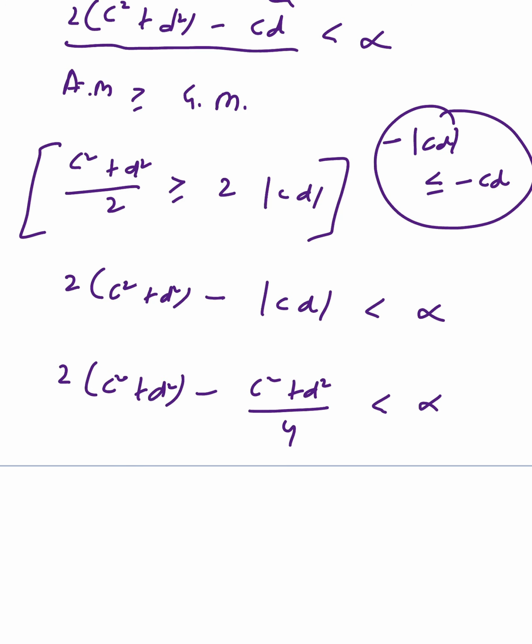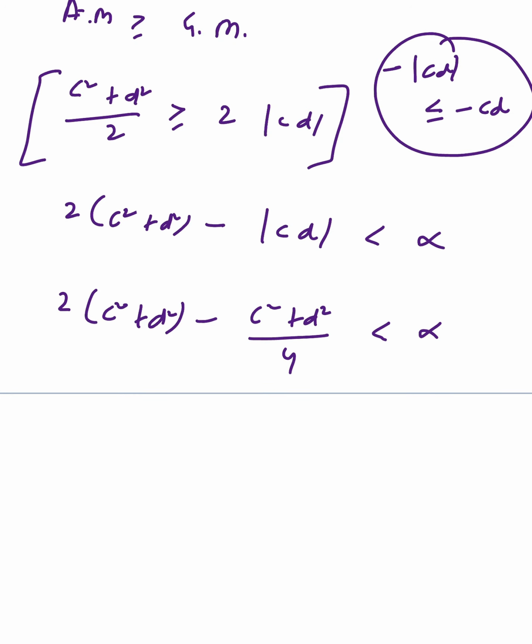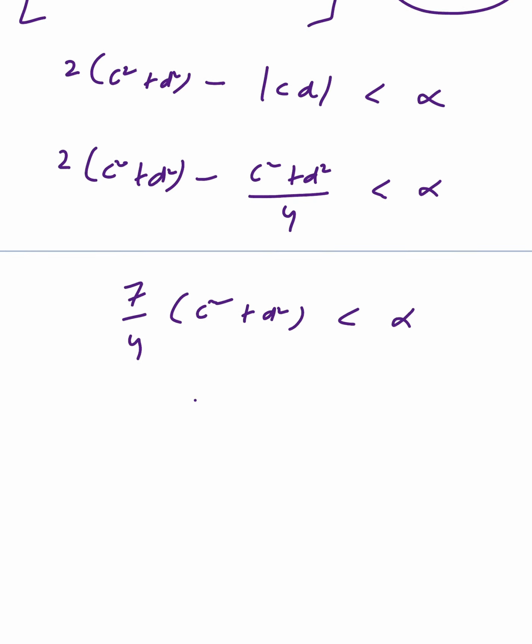So what do I have here? 7/4 (c squared plus d squared) less than alpha, so c squared plus d squared less than 4/7 alpha. I can choose this to be my R, right?